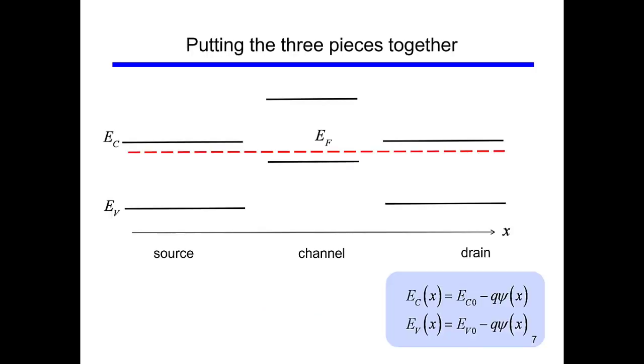So when we join the three pieces together, there will be electrons from the source region, and here is the drain, which also has electrons, and here in the channel we have an excess of holes. So a random flow of electrons from one direction to the other will start, and the net current will be 0.